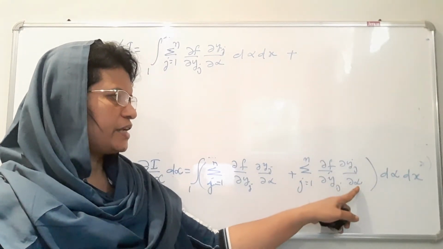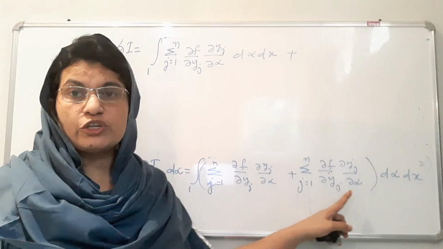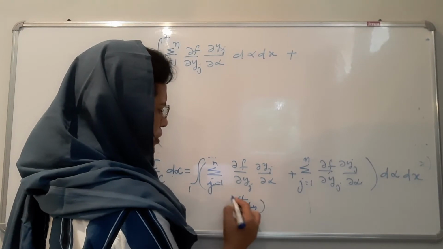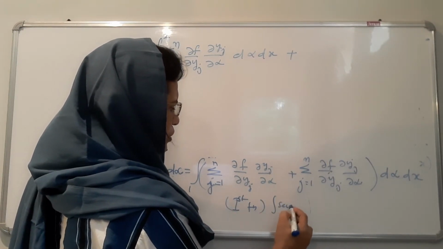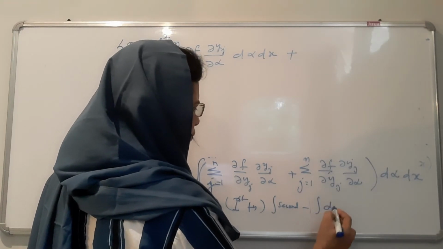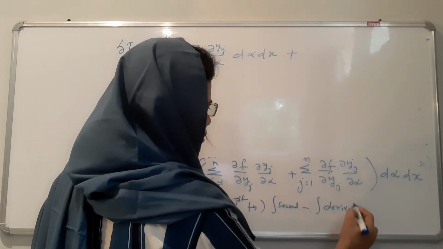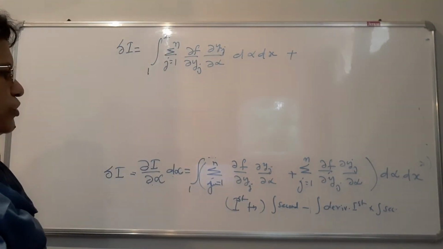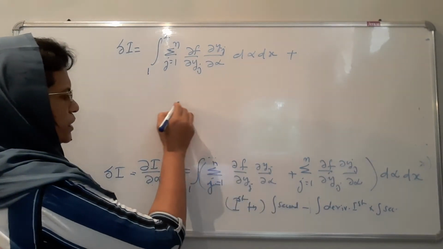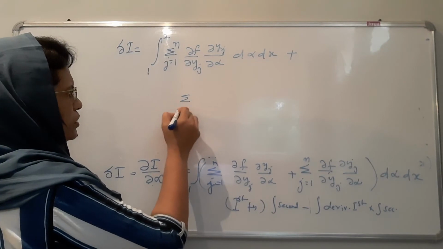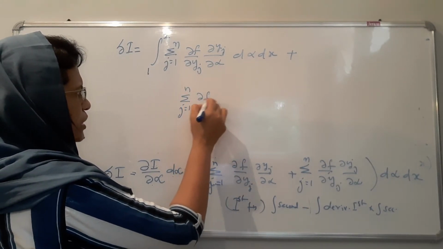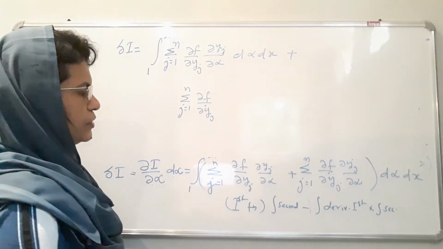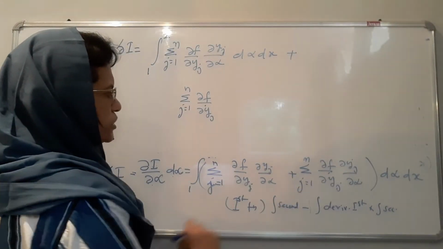First function into integral of second minus integral of derivative of the first into integral of second. You know this equation, so we can apply the same principle here. That is, first function, sigma j equal to 1 to n, first function ∂f/∂yj dot into integral of the second.